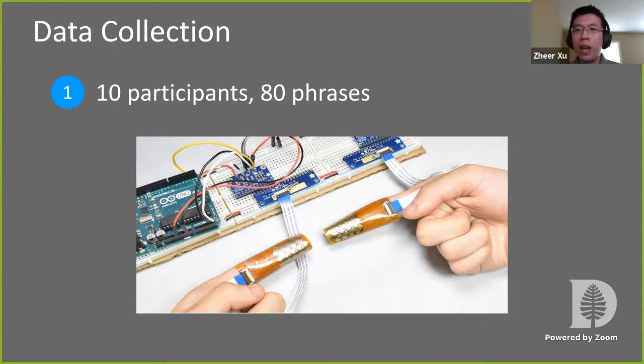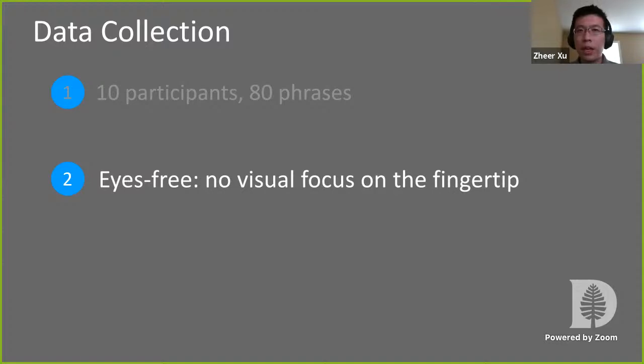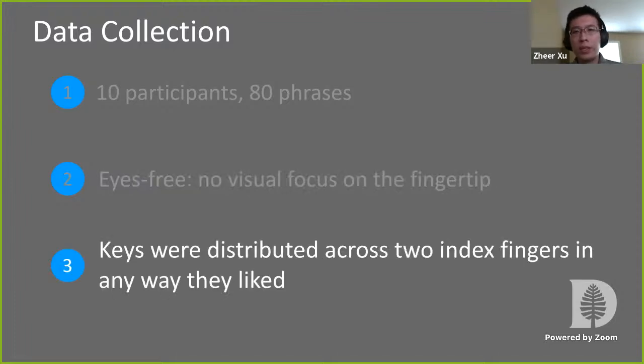We collected handedness information of every letter through capacitive sensors placed on users' 2 index fingertips. Participants were required to finish the task without looking at the fingertip. They were also informed that keys were distributed across 2 index fingers in any way they liked.